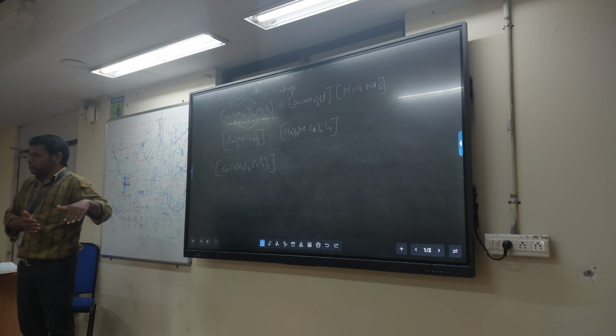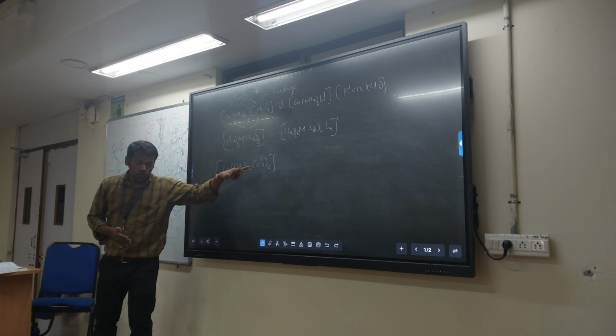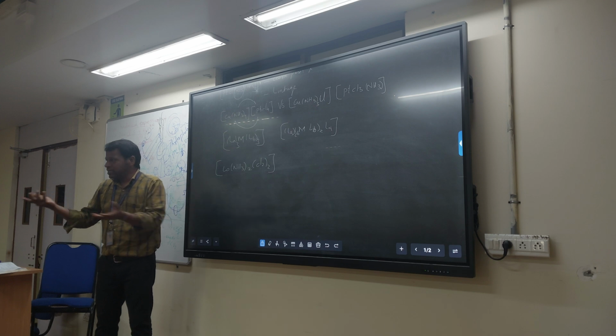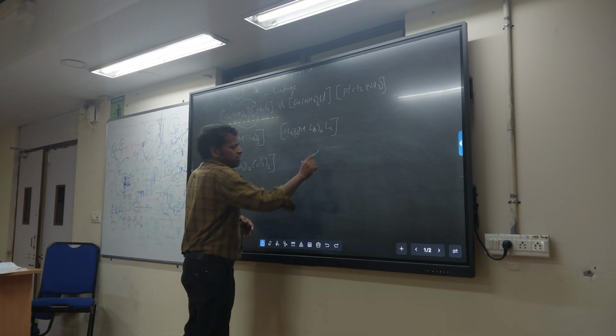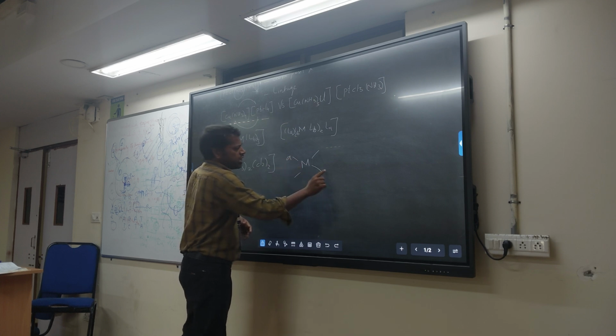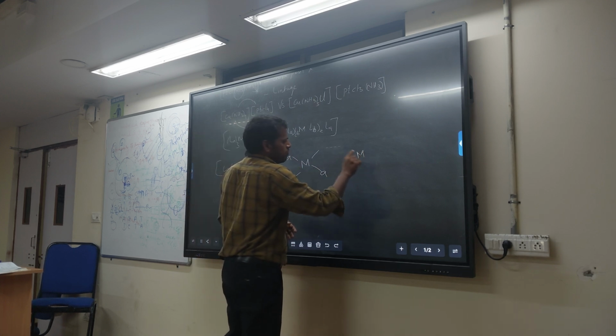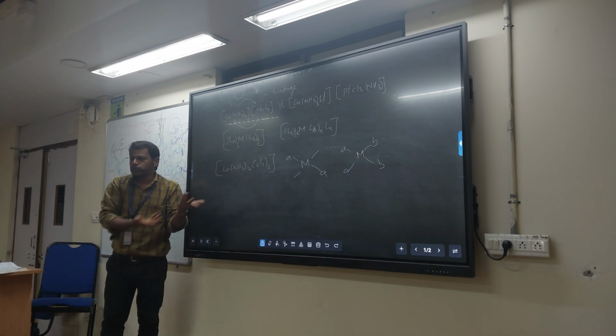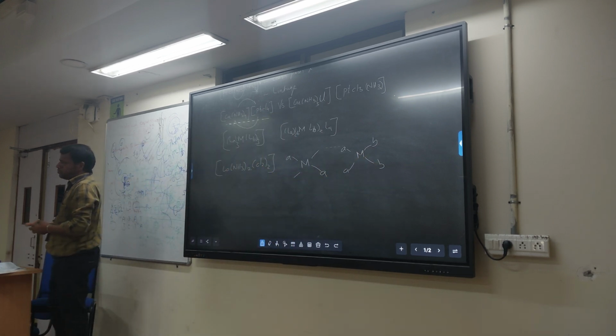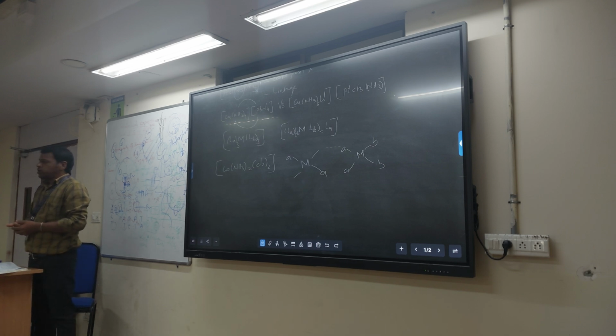In that stereoisomerism, MA2B2 produces cis and trans isomerism. Very easy one, right? Same side or opposite side? Cis or trans. MA2B2. That's it. This type only. MA2B2 type: cis and trans isomerism, that is geometrical isomerism is possible.